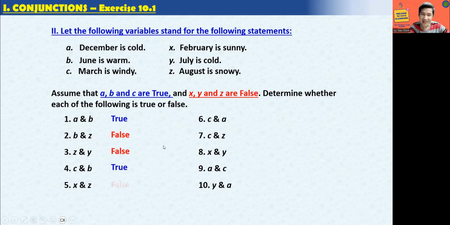X and Z, false. C and A, true. C and Z, false. X and Y, false. A and C, true. Y and A, false. You have the same answers as I do, right?